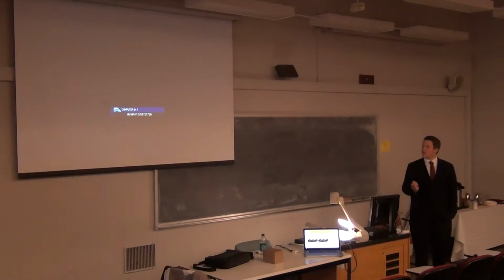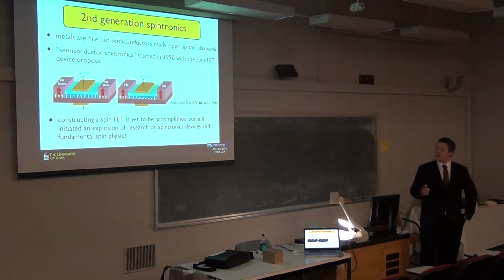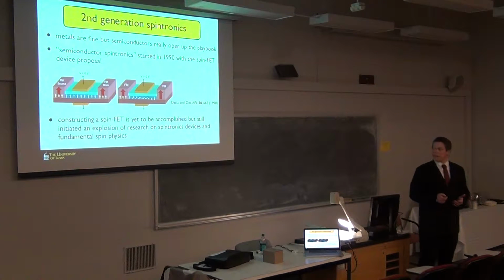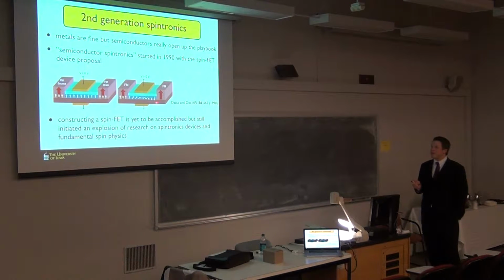When you turn on the gate, you create an electric field, which can create an effective magnetic field through the Rashba effect. It's not that important, but it creates a magnetic field that rotates the spin to an anti-parallel alignment, which is then a very high resistance state.